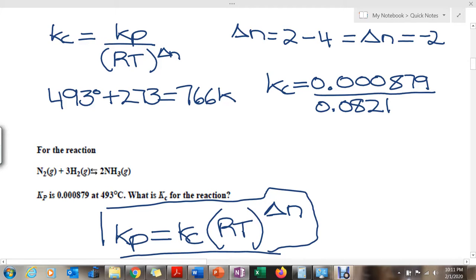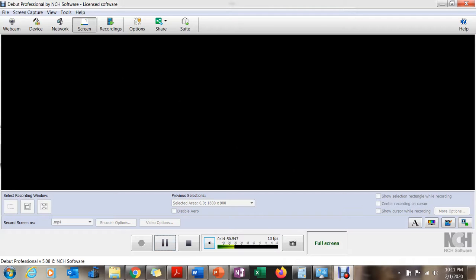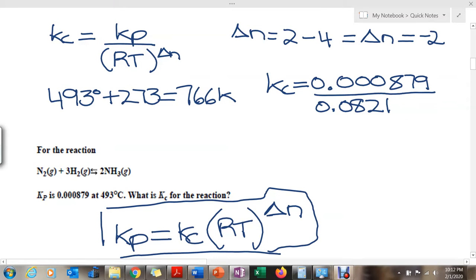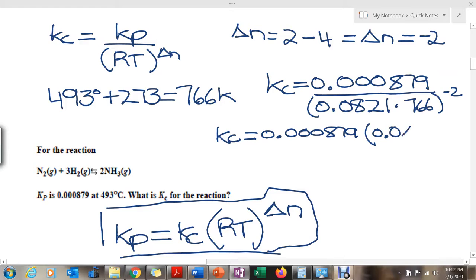All raised to the negative 2. So Kc equals 0.000879 multiplied by 0.0821 times 766, all squared.